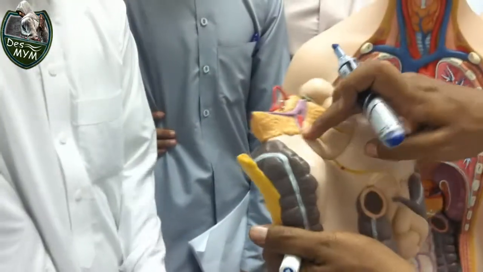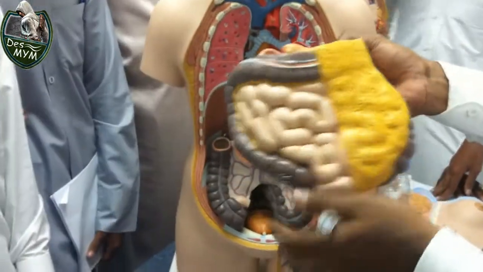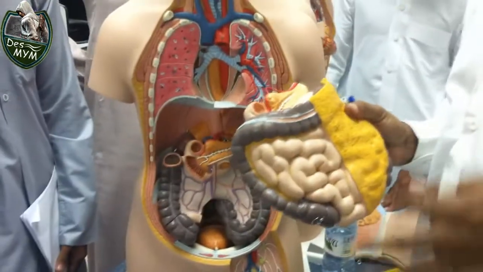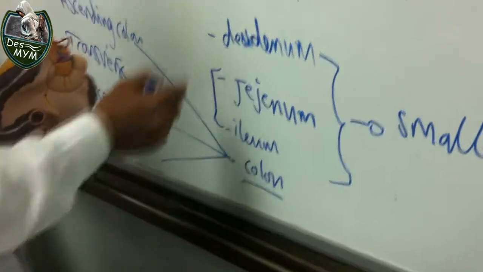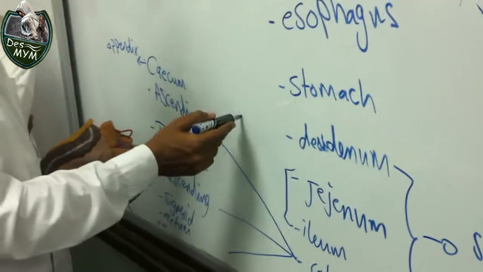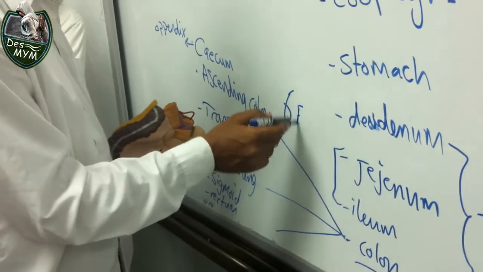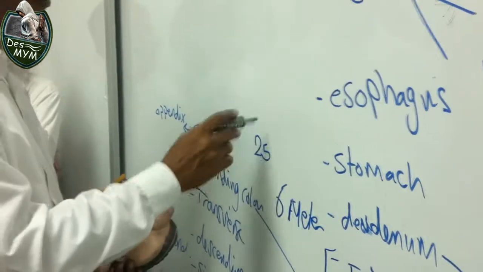This junction is known as the DJ junction, duodenojejunal junction, and then starts the small intestine, which consists of jejunum and ileum. They are continuous. The longest part of the GIT is the small intestine, about 6 meters, approximately 25 feet.